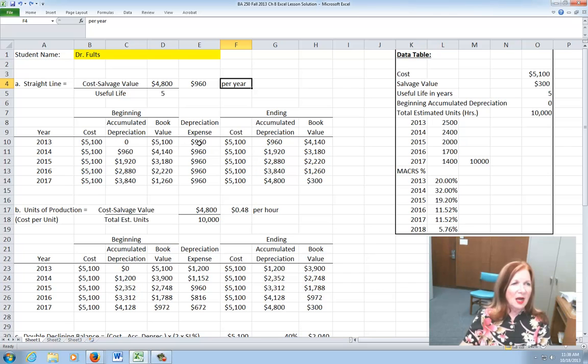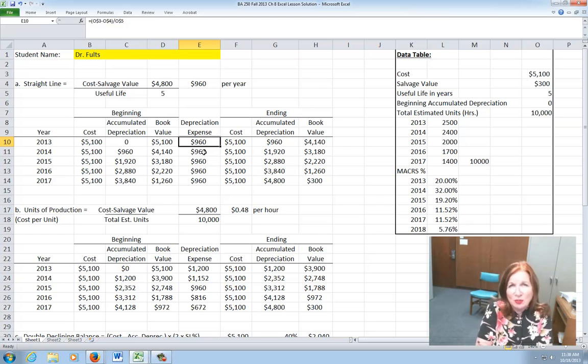Now then, depreciation expense is always going to be cost minus salvage divided by 5. There's a couple of ways you can do this. You can make that equal to E4, and that's just fine. And that will always get you the $960.